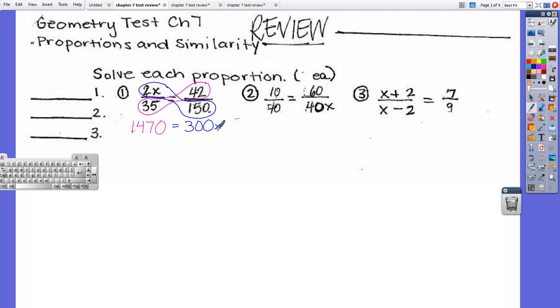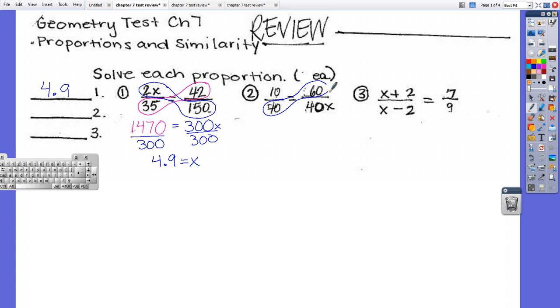To solve for x, I simply divide by 300, and I will get 4.9 equals x. Okay, all of these calculations you can do in your calculator. That's what it's for.